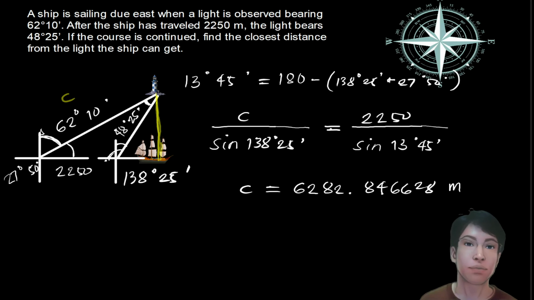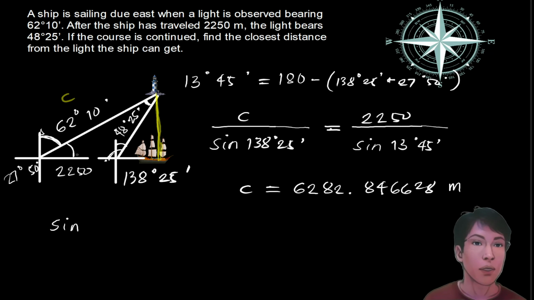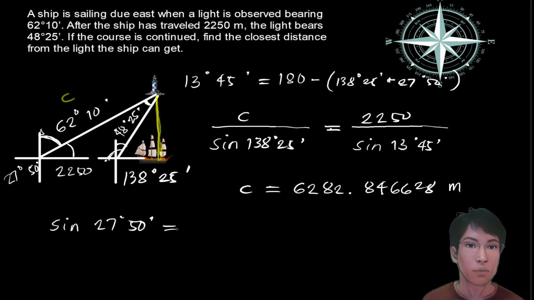meters. Now, as I've said, the shortest distance will be a straight line from here to here, and that forms a right angle. With that, I will now use sine of this angle, which is 27 degrees 50 minutes.